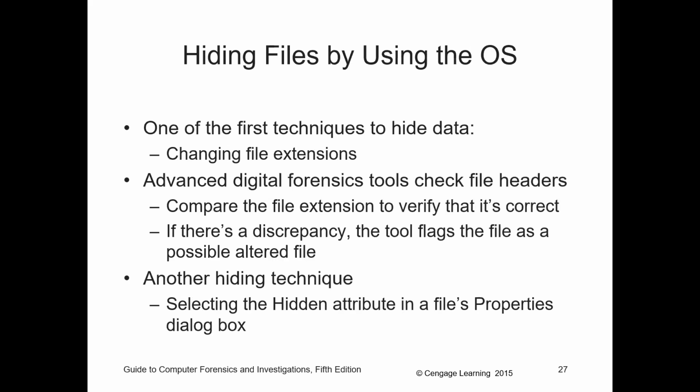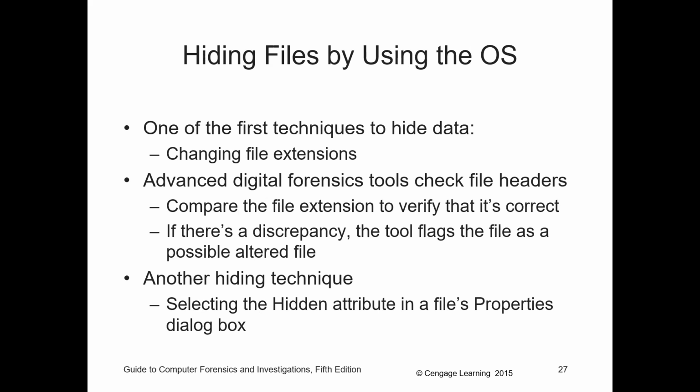So number 1, you want to look at hiding files by using the operating system. You can hide it using the operating system, and that's what we said in changing our file extensions. Here we are using advanced digital forensic tools. Always check for file headers. They compare the file extension to verify that it's correct.